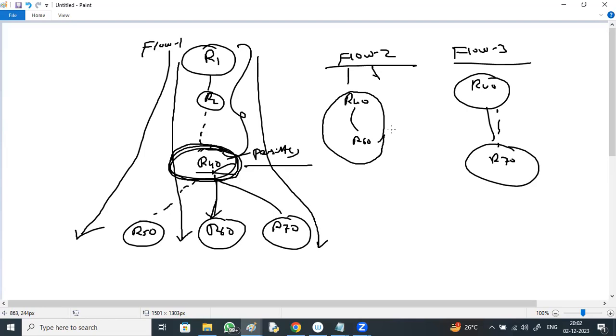So, understand that transformations can be reused. Whatever you perform on R40, a filter operation, a sort operation, or any other transformation, you can apply because R40 is available in the RAM for all the above flows. Once the entire flows are complete, R40 still remains in the RAM.